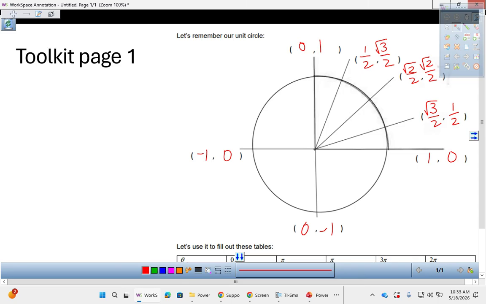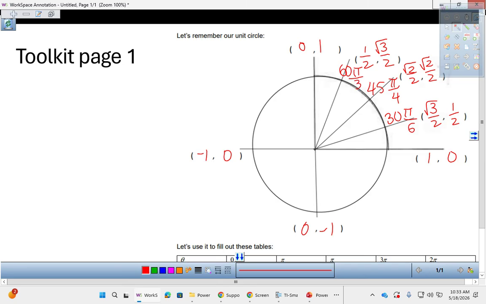So it's 30. Anybody remember what that angle is? The middle one? 45 and 60. And then radians, pi over 6, pi over 4, and pi over 3.